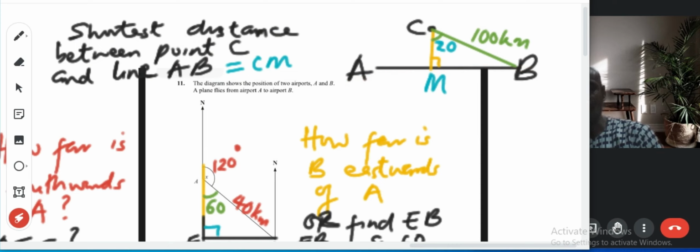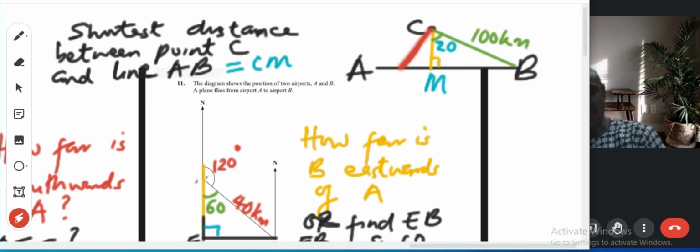So the shortest distance between point C and line AB is this yellow line CM, which makes angle 90 degrees with line AB. A perpendicular line to line AB is the shortest. Every other distance from C will be longer.